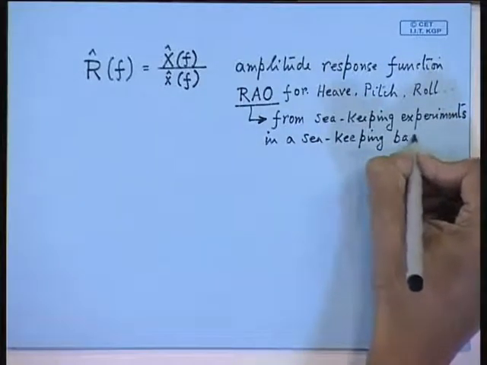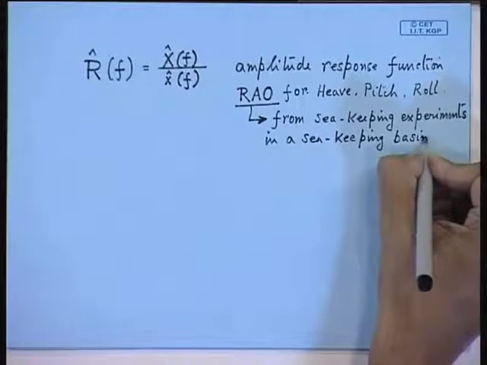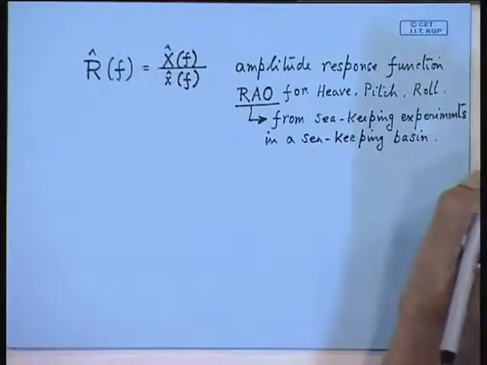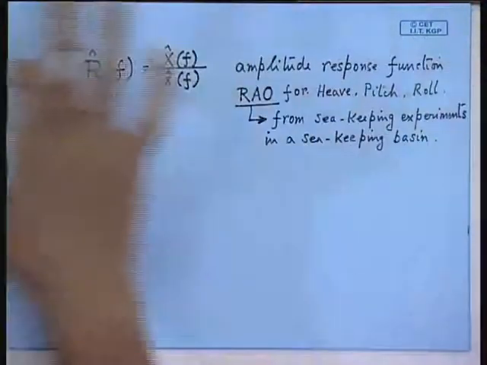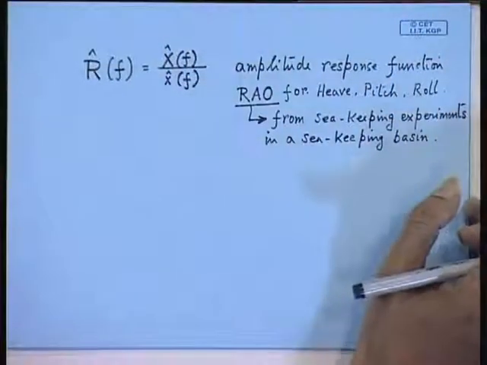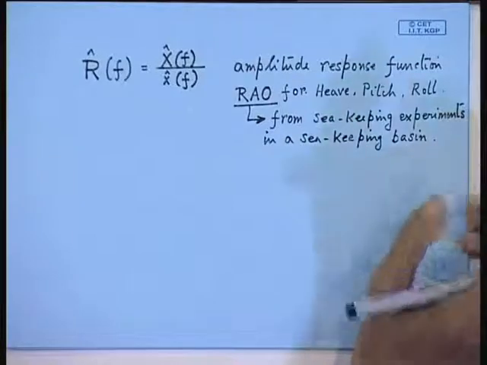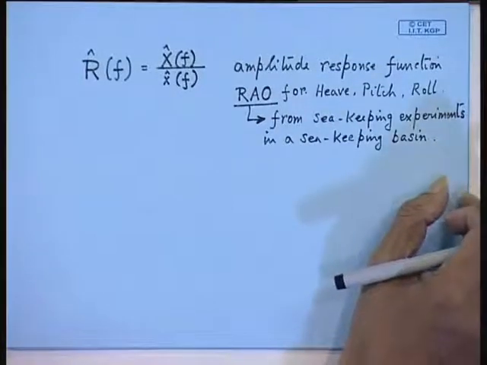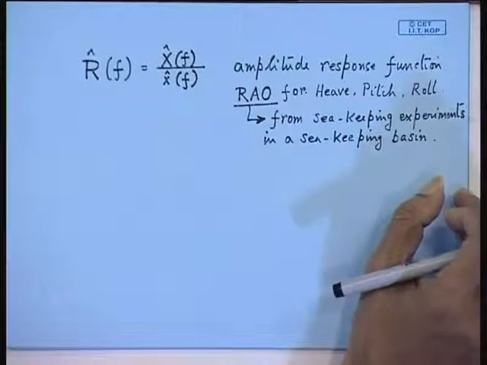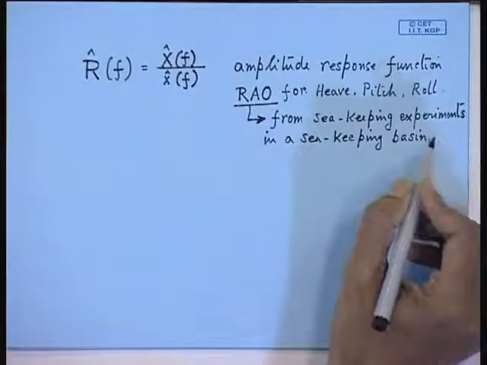Now, the speciality of this seakeeping basin is that you have to produce a random sea, or you have to produce the sea surface elevation. That is called a Gaussian surface. A random Gaussian surface wave has to be generated for your seakeeping experiment.